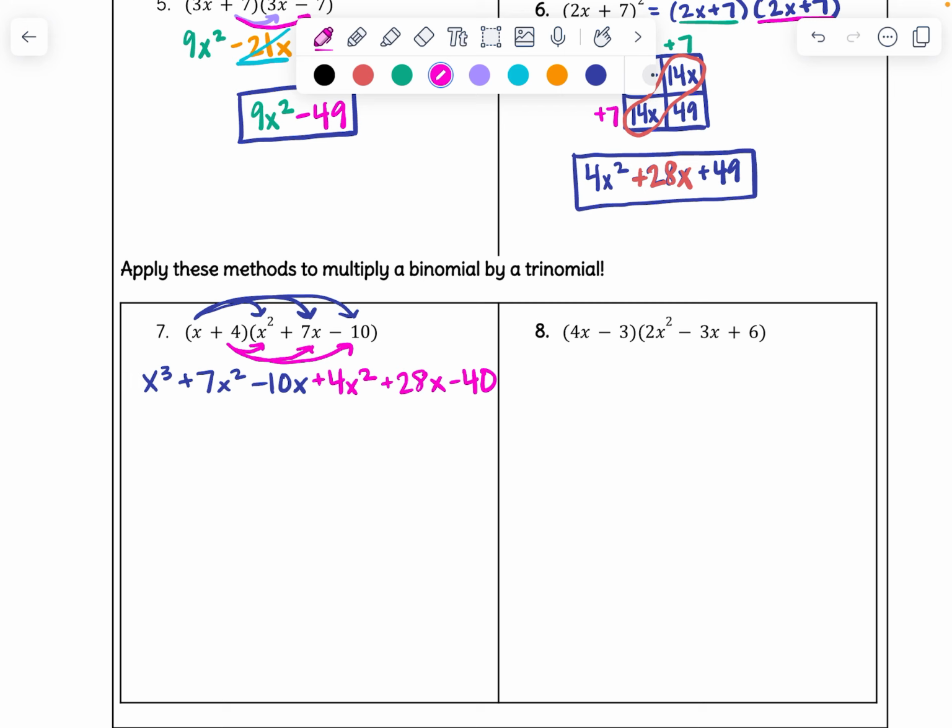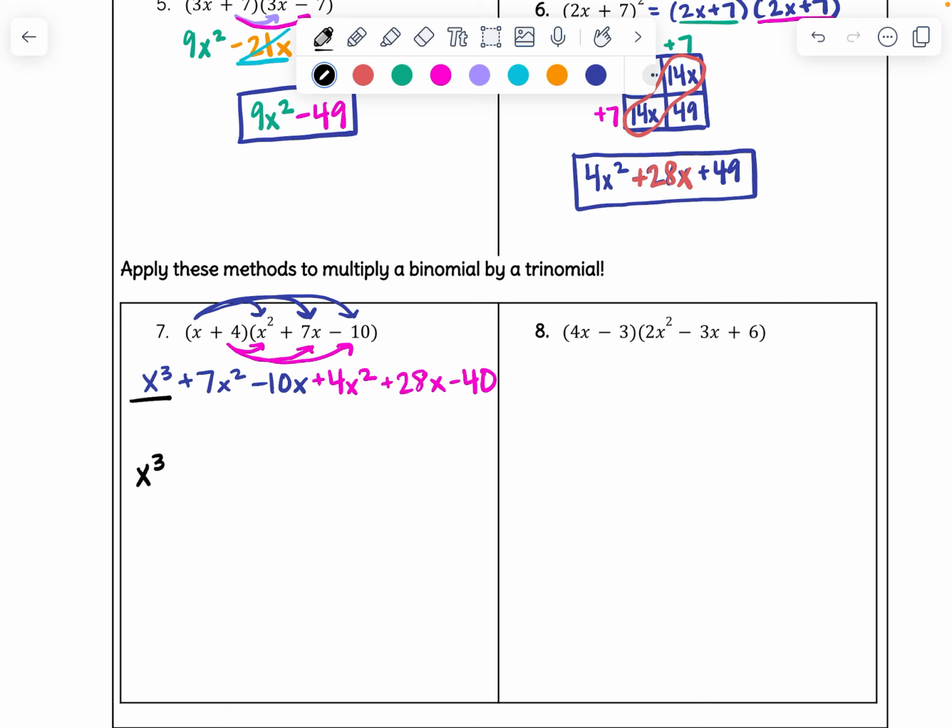Now I'm going to combine like terms. And remember, when you're combining like terms and you're adding, we are no longer changing exponents. We are just identifying the like terms and adding the coefficients. So my first term will be x cubed, because I always want to start with the highest exponent. There are no like terms, so I'm just going to bring down x cubed.